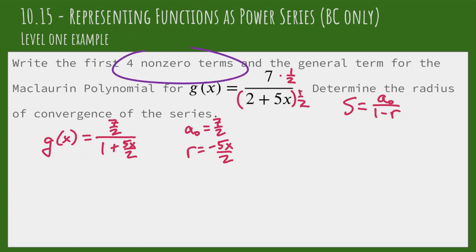We're looking for four non-zero terms again. So I'll call this m of x for Maclaurin polynomial. And the first term is 7/2. And then we're going to multiply by -5x over 2. So it's going to be minus 35x over 4. Then we're going to do plus 175x squared over 8.